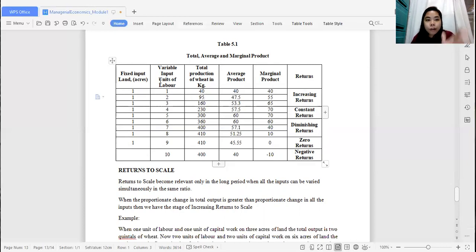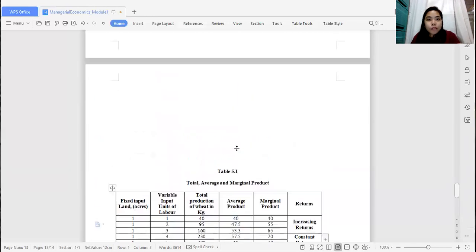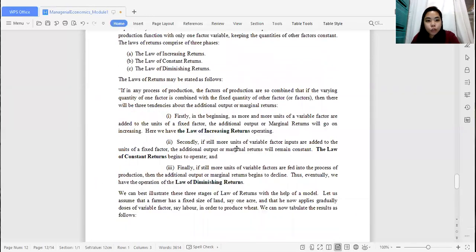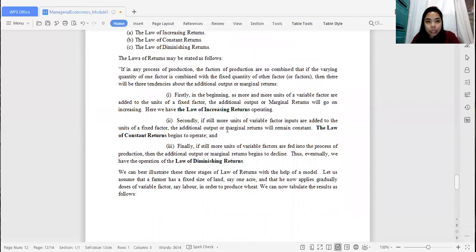So we have from 0 to 40, so 40. 40 to 95, we have 55. 95 to 160, 65, and so on. So as we can see, we have here the level or the phase of increasing returns. Balik ta diri sa babaw. Basta kapyutan nyo lang diri sa inyo nga module kay gina-explain ko na sa inyo.